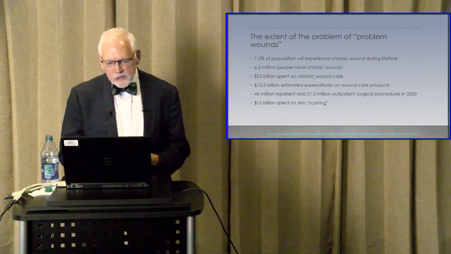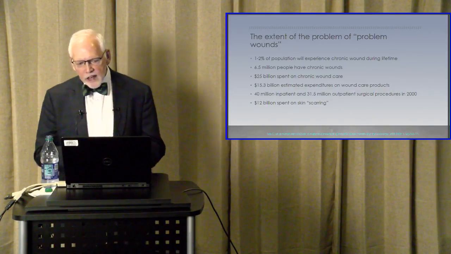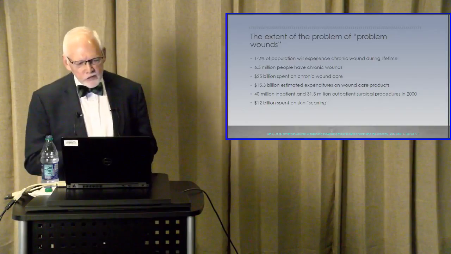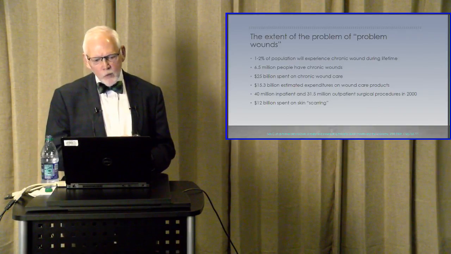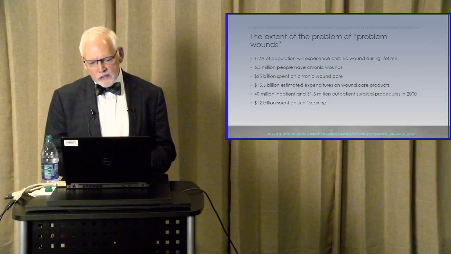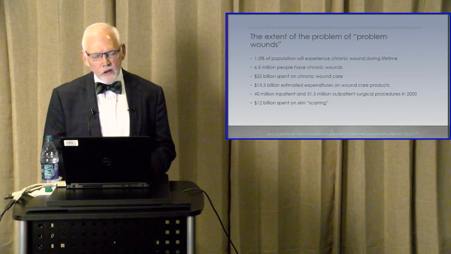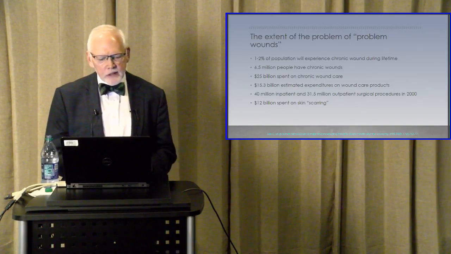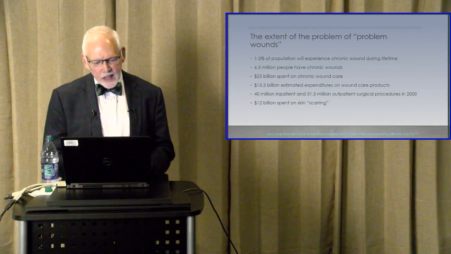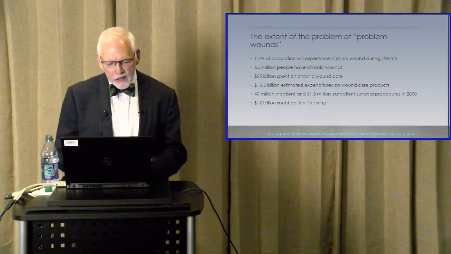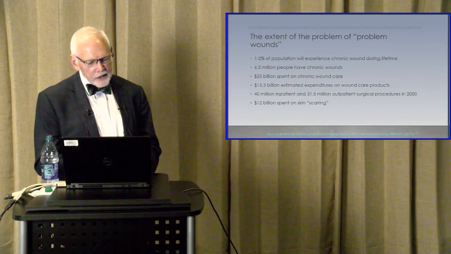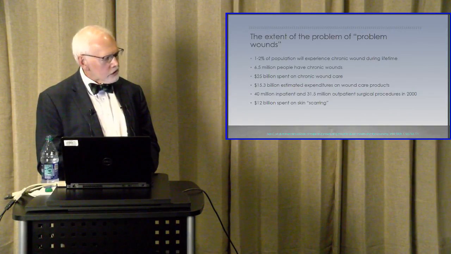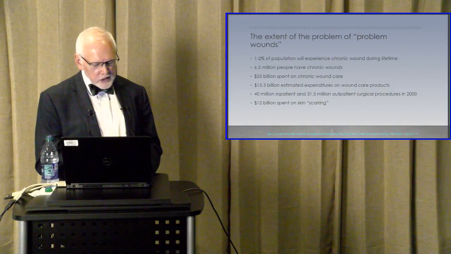This is one of those extent of the problem slides that usually goes right over my head, but suffice to say, this is a big problem. 1 to 2% of the whole population of the United States will have a chronic wound during their lifetime, and that's like 6.5 million people, a whole lot of healthcare dollars expended on this problem, whether it be for wound healing or for revision of scars after the wound has healed.